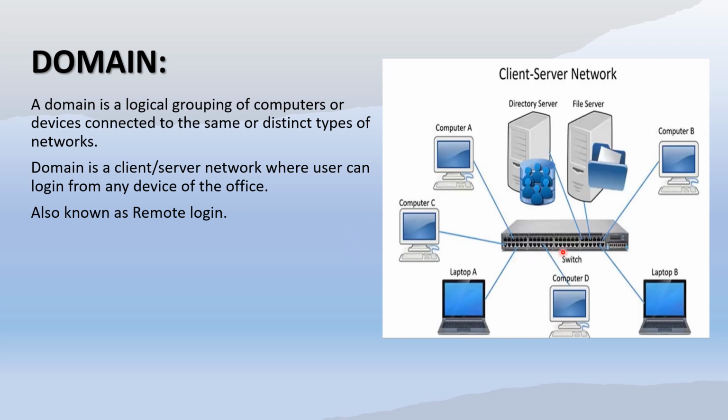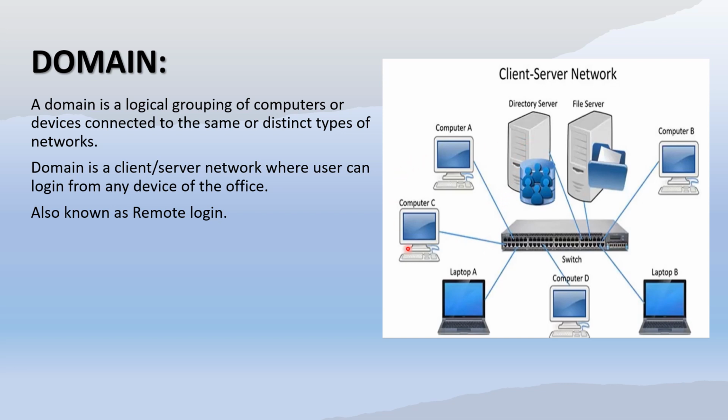Suppose you have a switch where a few devices are connected, like computers, laptops, a directory server, and a file server. All devices are connected together, and you can log in from any system, either computer A or computer D or laptop B, by using your assigned user credentials. And those credentials are saved in the directory server.